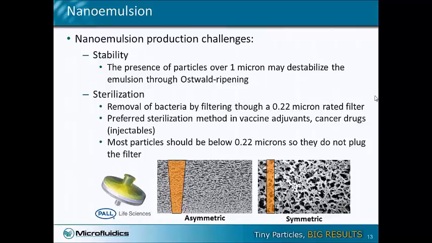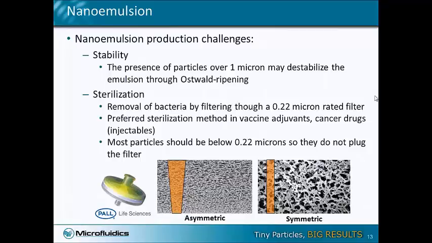The other thing which is important, because a lot of the nanoemulsion formulations are administered through injection, is that a final sterilization process is most often critical and required. Due to the limitations of the formulation, sterilizing with heat is not always an option, so filter sterilization has to be employed.